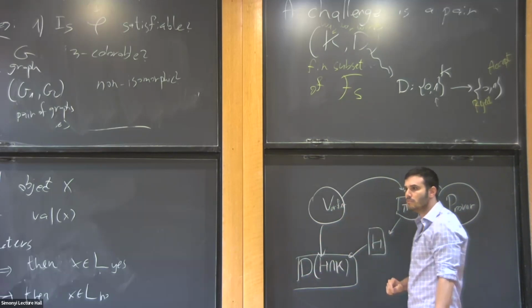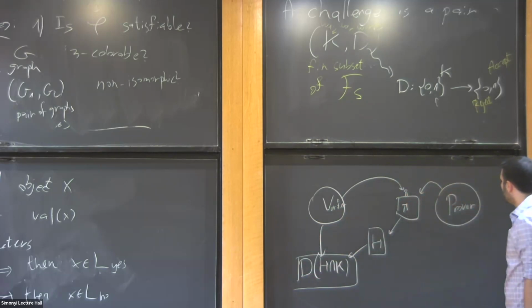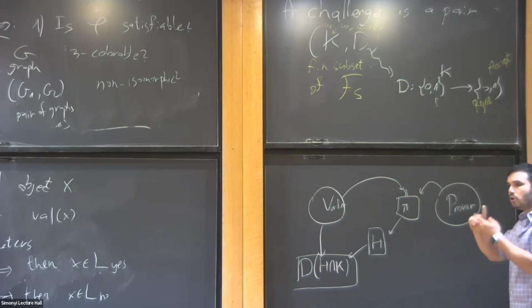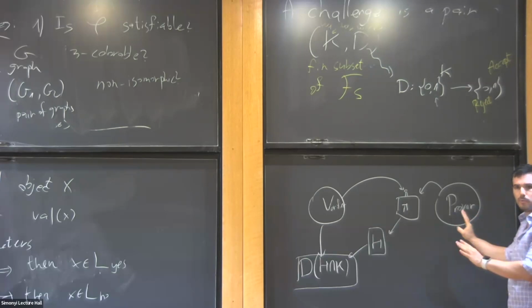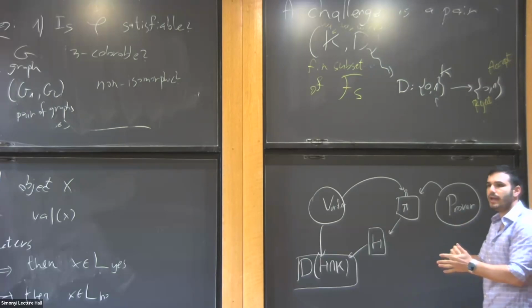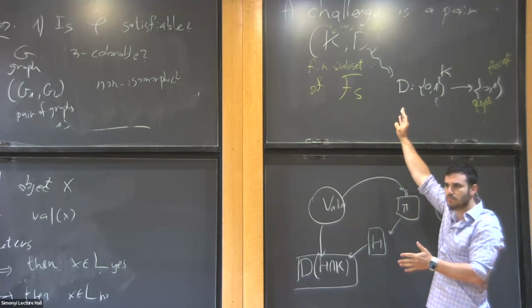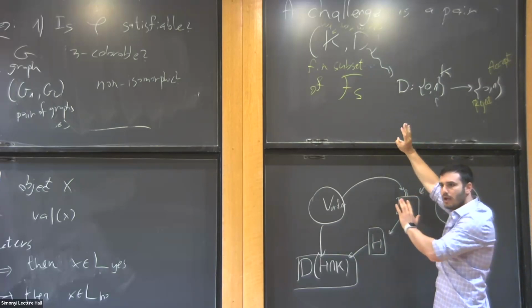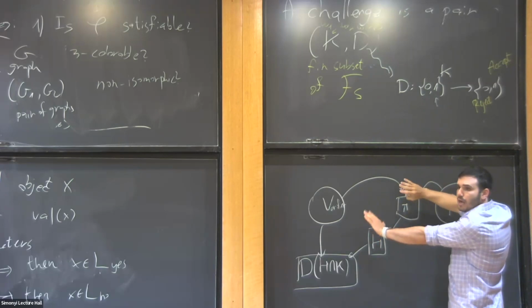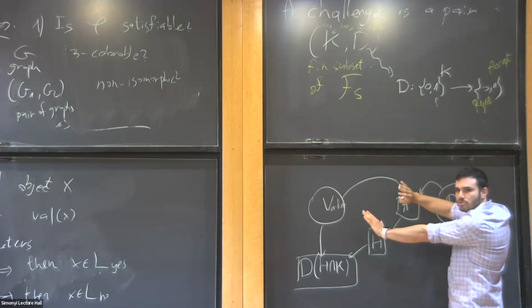And the prover acts first. The prover doesn't know what K is. The prover knows everything beforehand. It knows what D is. We will see in a moment that I will add some distribution over challenges. But up until now, I described a single challenge, and that's what happens in the single challenge.